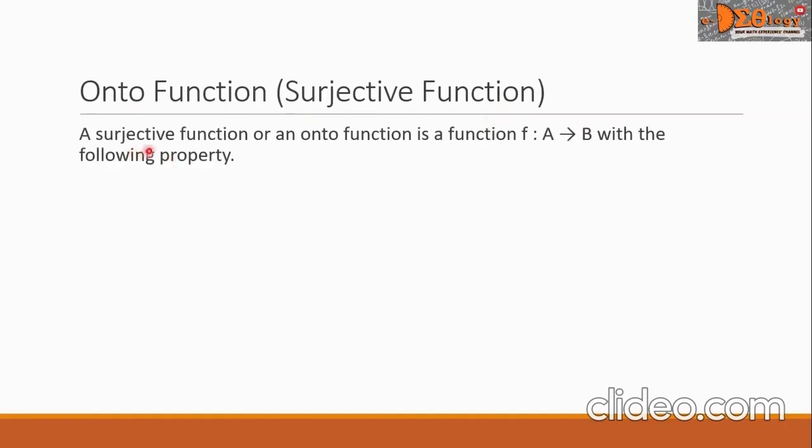The second type is onto function, or sometimes called surjective function. A surjective function or an onto function is a function f from group A to group B with the following property.